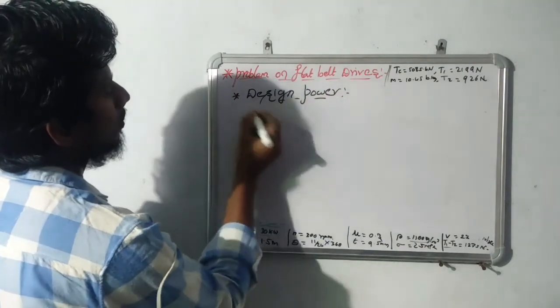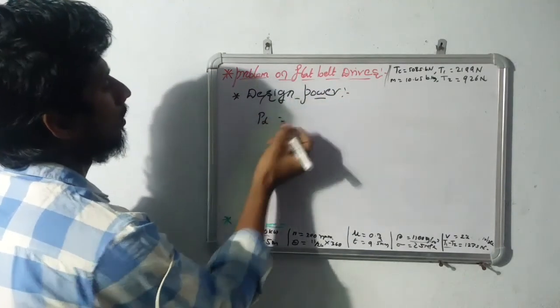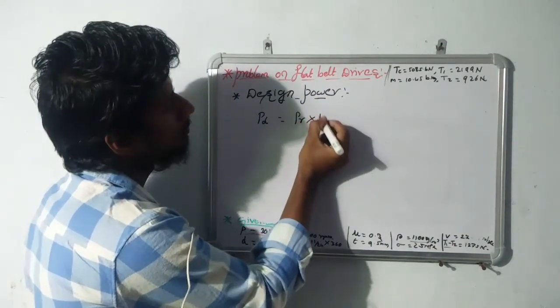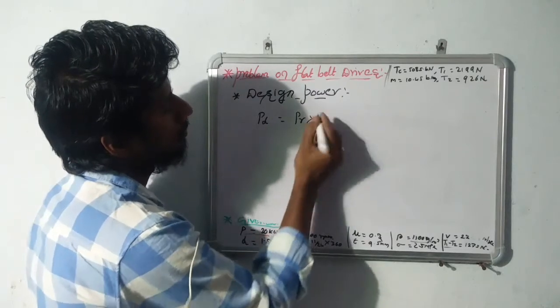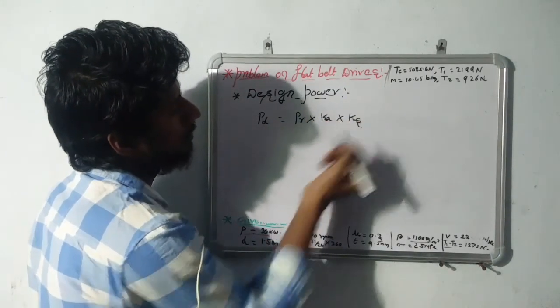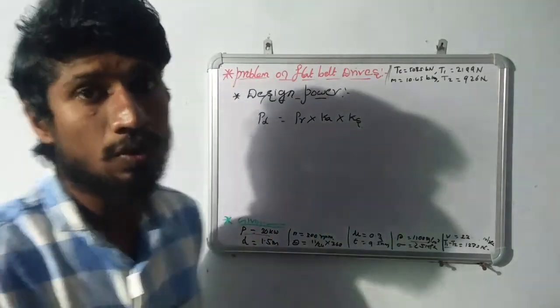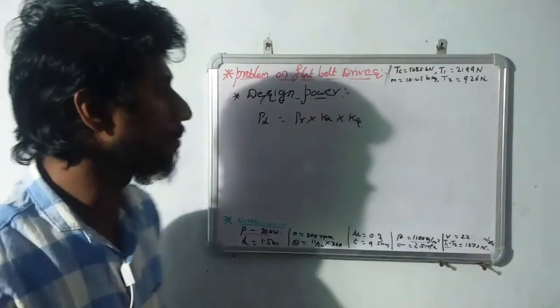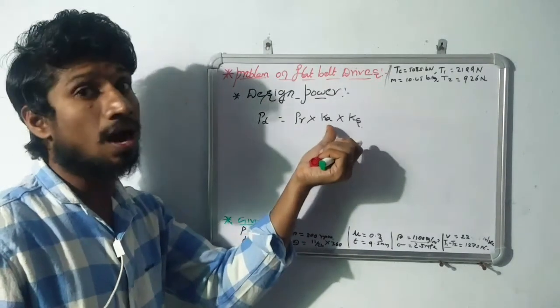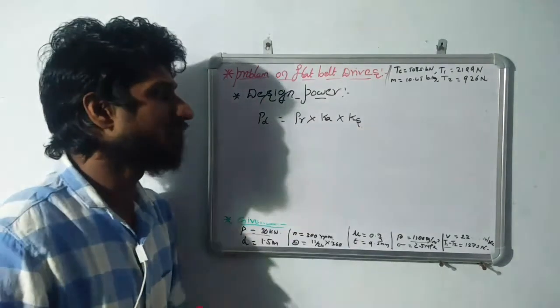The design power is denoted by PD, that is equal to PR into K into Ks. So it is the formula to find the design power for a flat belt, right? Here PR is the rated power, K is the arc of contact factor, and finally Ks is the service correction factor.